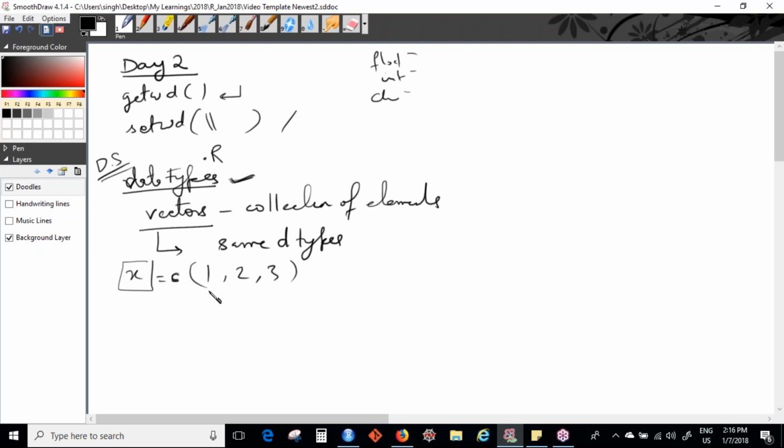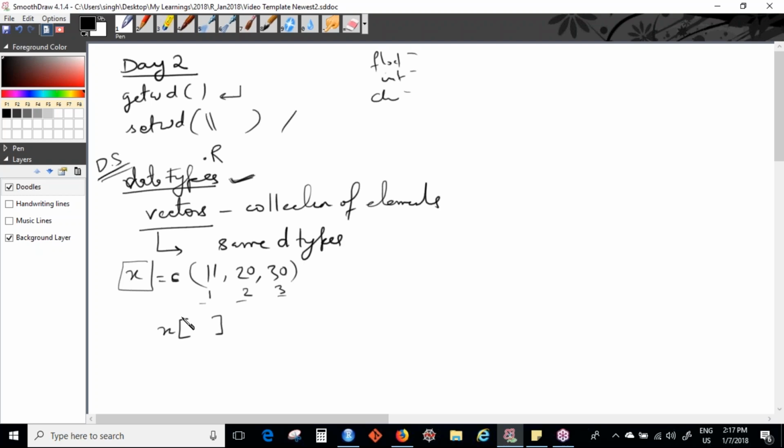Okay, and we have the indexing thing in R. The index of the first element is 1, index of second is 2, index of third is 3. Okay, this is the index. Okay, let's make it some other number. So you can also retrieve the elements by their indexes directly. For that we use square brackets.